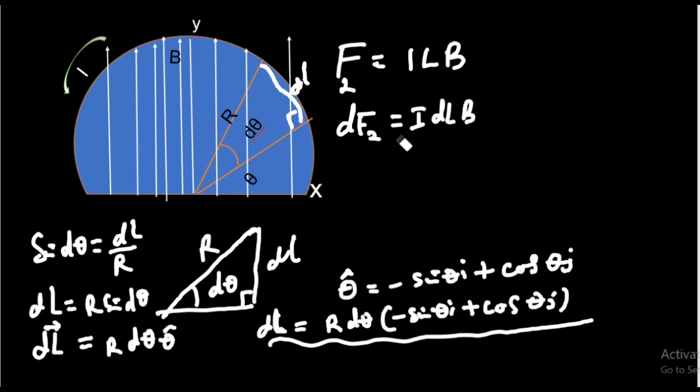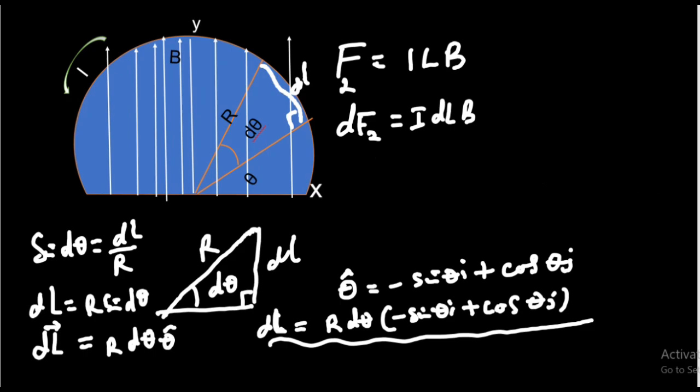Having found the infinitesimal change in the displacement, we can now find the infinitesimal change in the force, and this is the force on the semicircular arc.